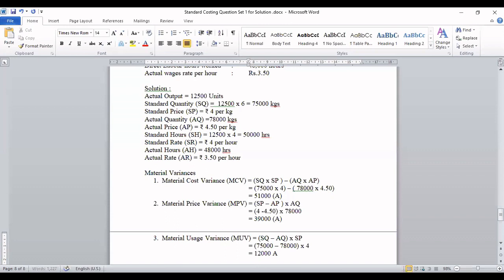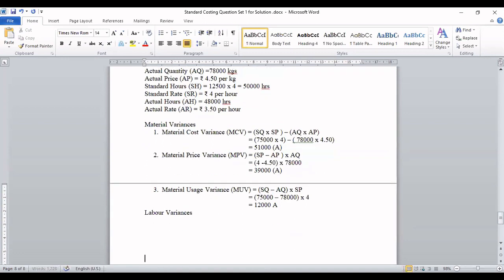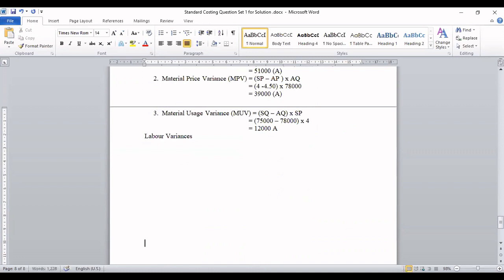Now the next part is labor variances. For labor variance, the very first variance is labor cost variance, denoted by LCV.